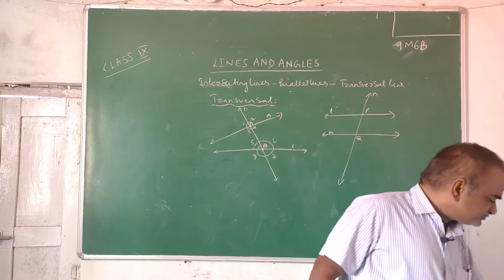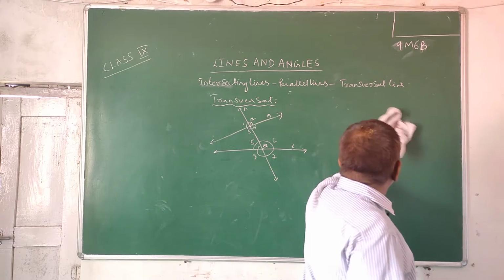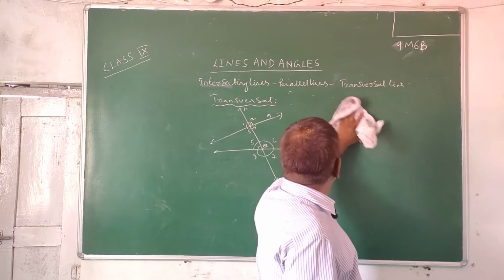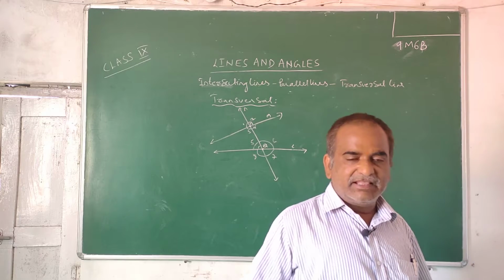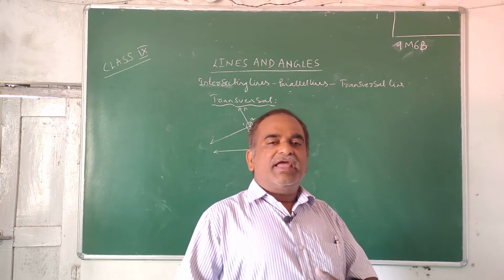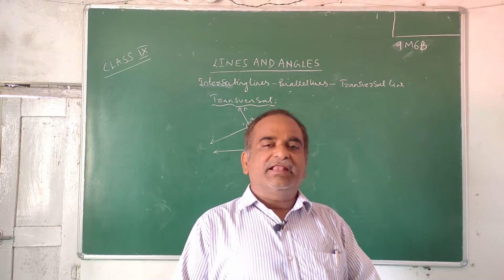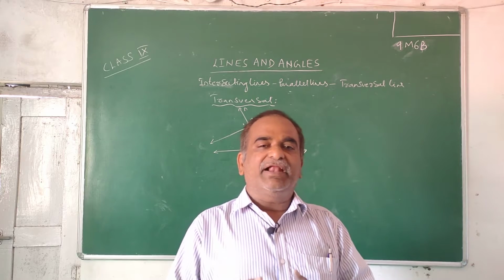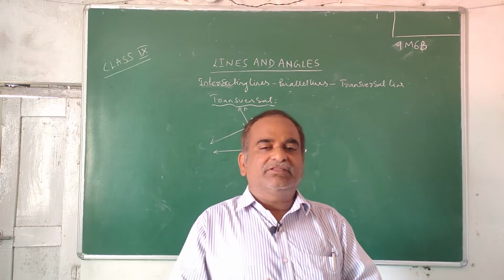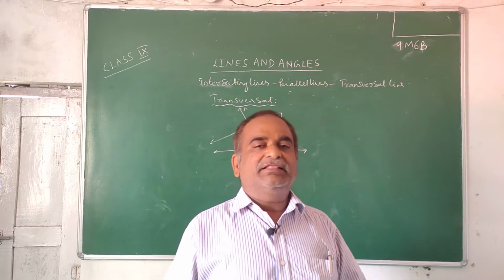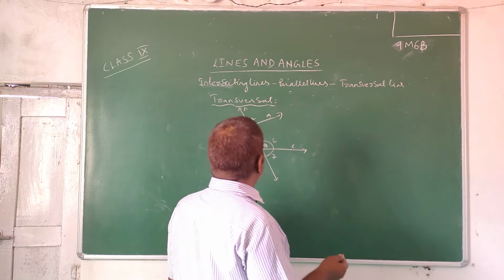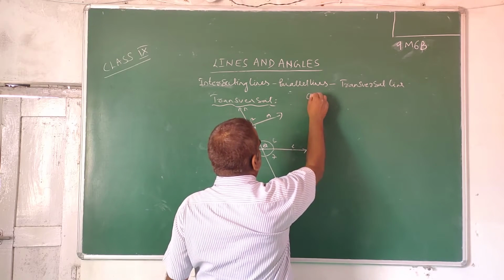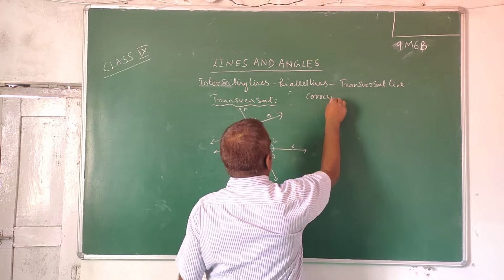Right? Now, among the 8 angles that have formed between the transversal and the lines, we have some particular pairs of angles with particular names. Let us see what the names are and in which case those are called so and so angles. Now first coming to corresponding angles.